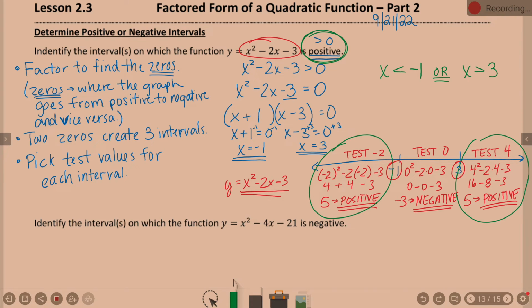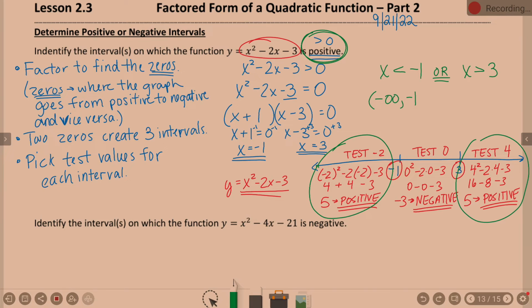So x less than -1 or x greater than 3. Now, can we put that in interval notation? Do you remember how? X less than -1, where does my interval start? It starts at -infinity, which always uses a parenthesis. Where does this interval end? -1.